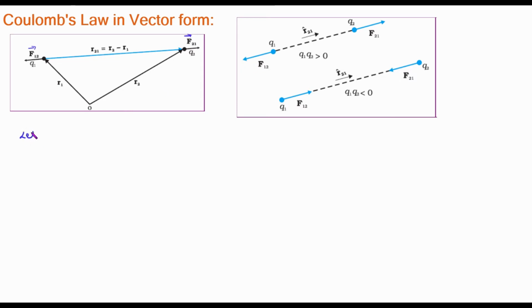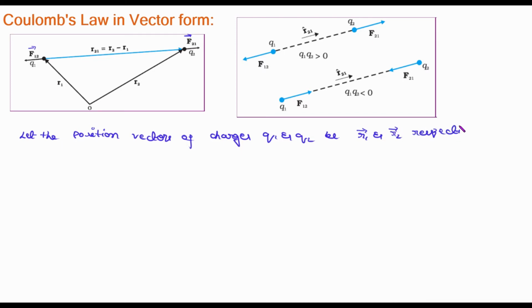Let the position vectors of charges q1 and q2 be r1 vector and r2 vector respectively. Here the vector leading from q1 to q2 is r21 vector.